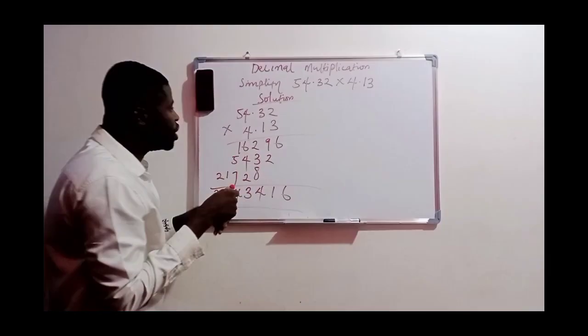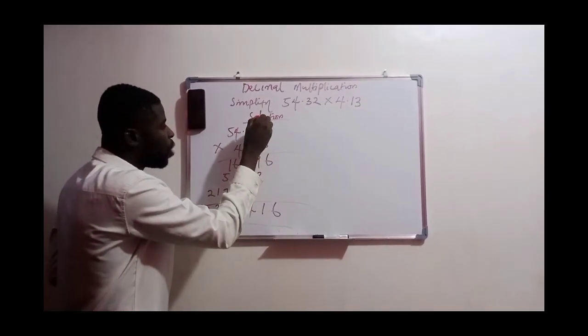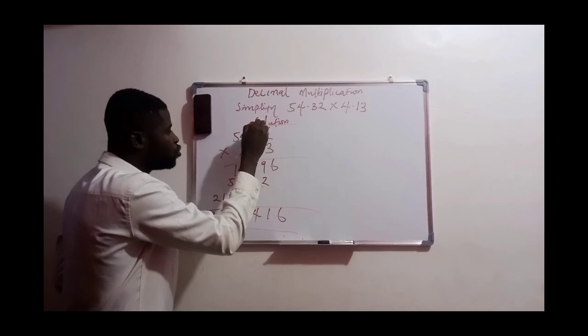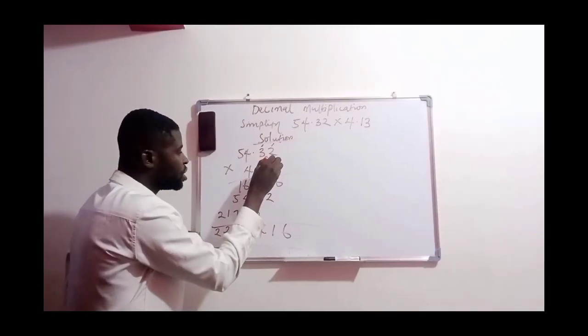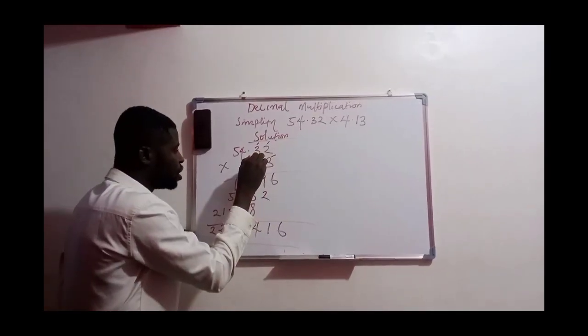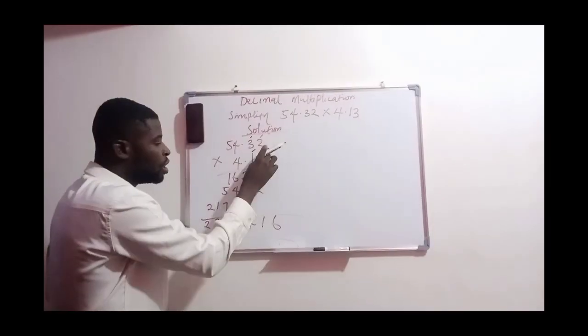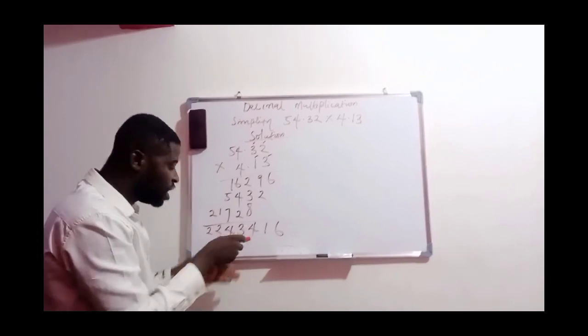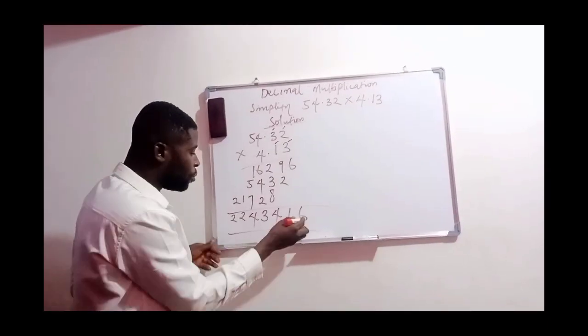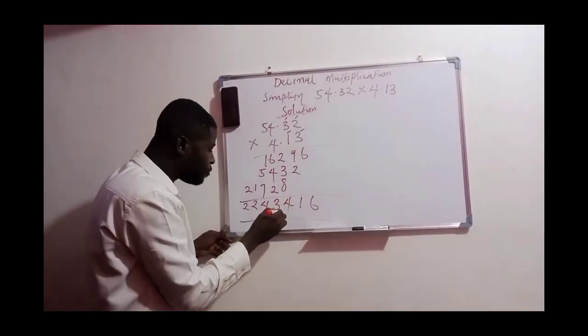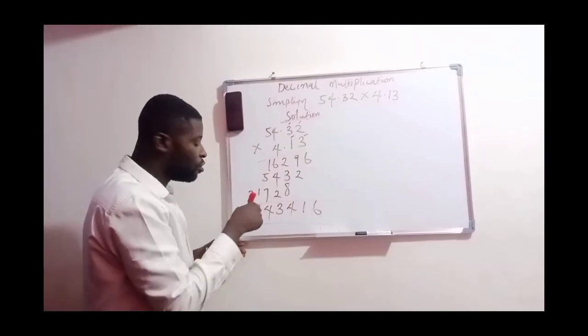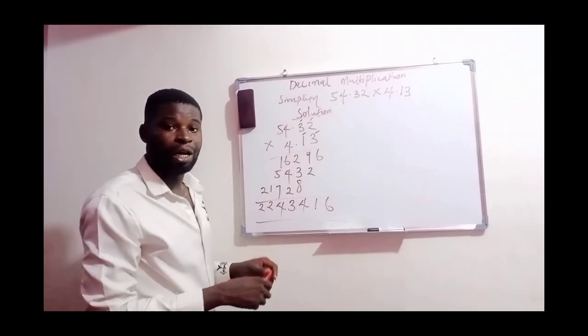That is, here is digit 1. This one is 2. Here is another 1. This one is 2. Now, 1, 2, 3, 4. That is to tell you that in this answer, you will count 1, 2, 3, 4. The next place you will take over the decimal point.